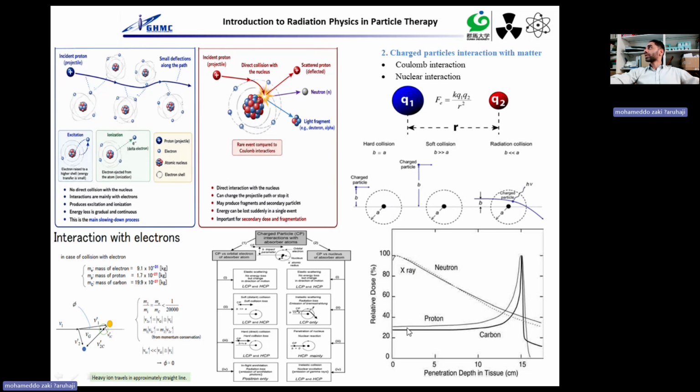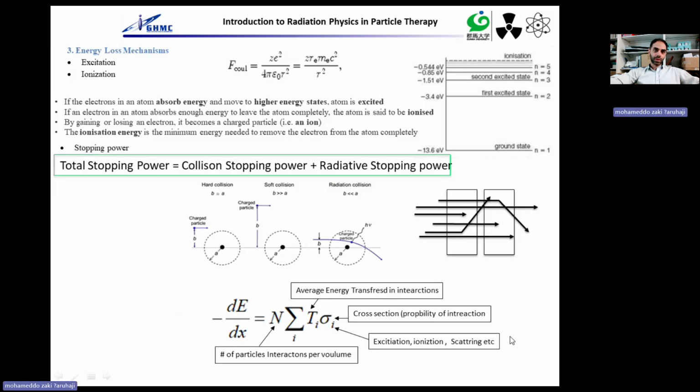At the same time, when this is happening, there is also a nuclear interaction happening. And I think we mentioned this before, and we talked about it.